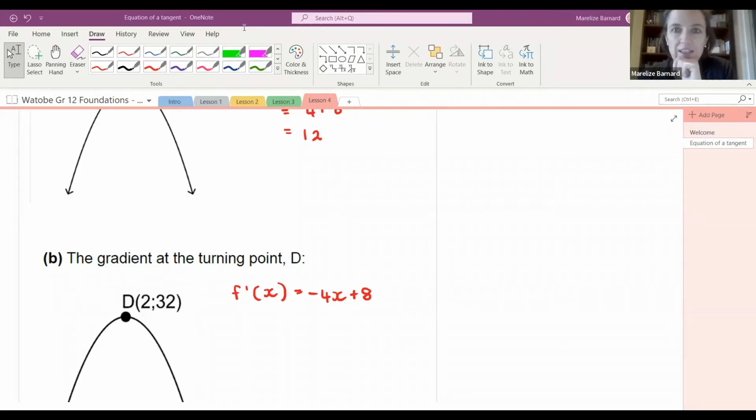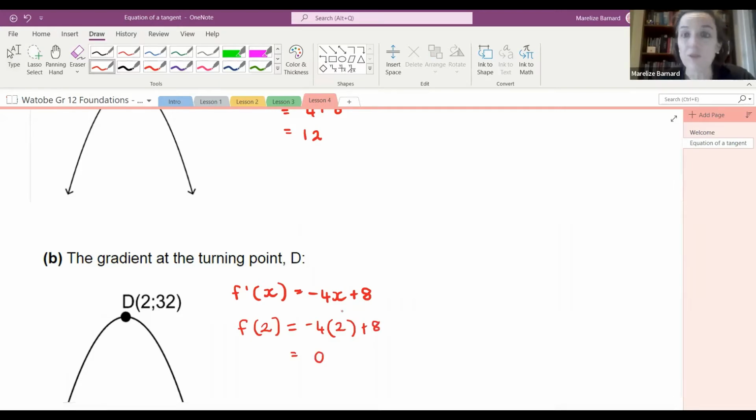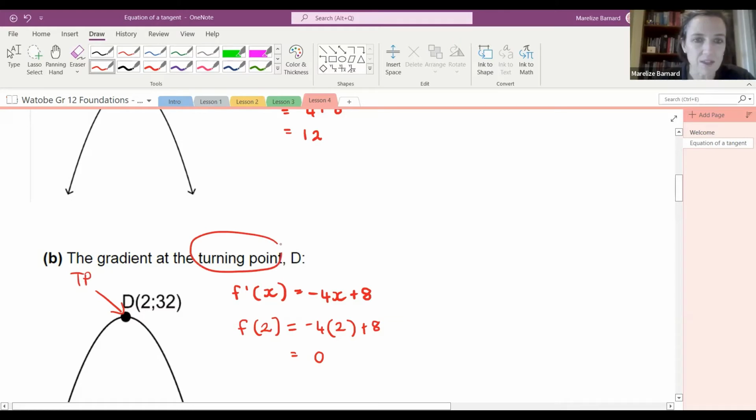Well done, everybody. Yes. I agree. I think it's going to be 0. Let's check. We sub in x equal to 2, and that gives me 0. I think some of you answered really quickly because maybe you recognized that this is indeed a turning point. It says here as well.